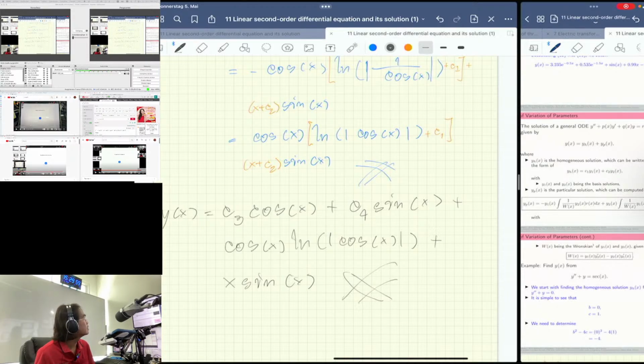That's the link. Okay, yes, that's the link of the solution to this problem with particular solution and homogeneous solution.